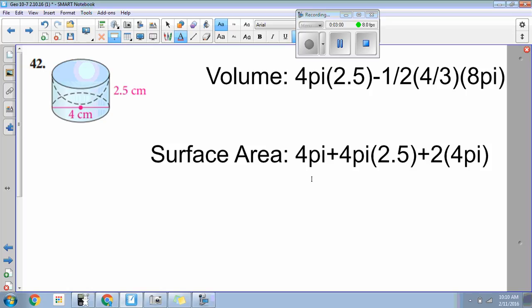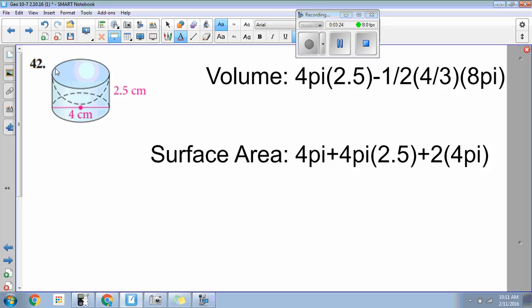Surface area, you're going to look at it in pieces. On the bottom of the thing is still sitting a regular circle with a radius of 2, so pi r squared, that's 4 pi. Along the sides of the cylinder, the lateral area of a cylinder is going to be 2 pi r, that's the circumference, times the height, so we have 4 pi times 2.5.